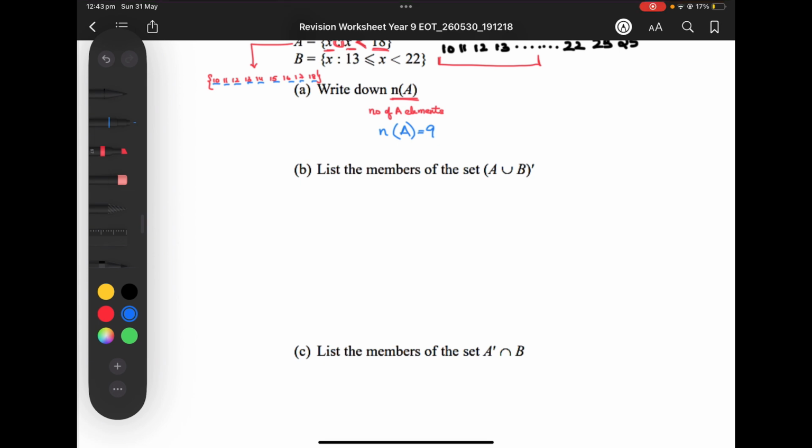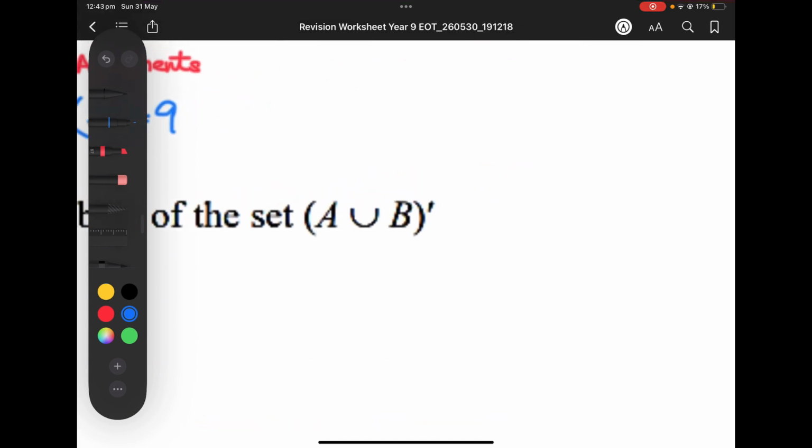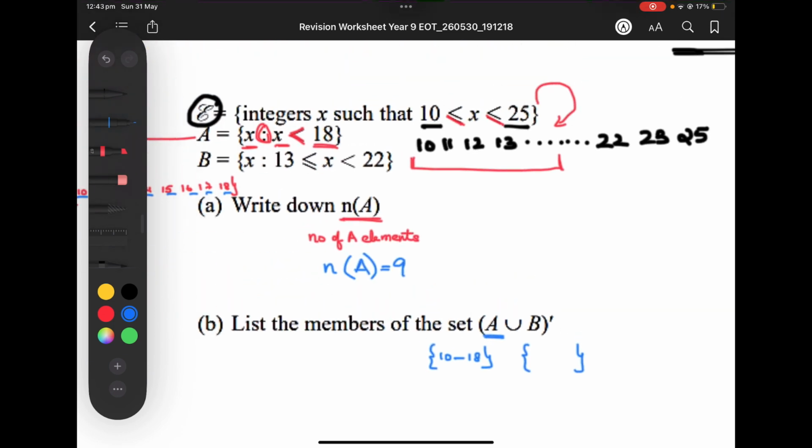First of all, this is going to be a 2-marker question. He said A union B. So A I know, which is 10 to 18. This is one set. Then what is the set B? We have to check. Set B is x such that 13 to 22.